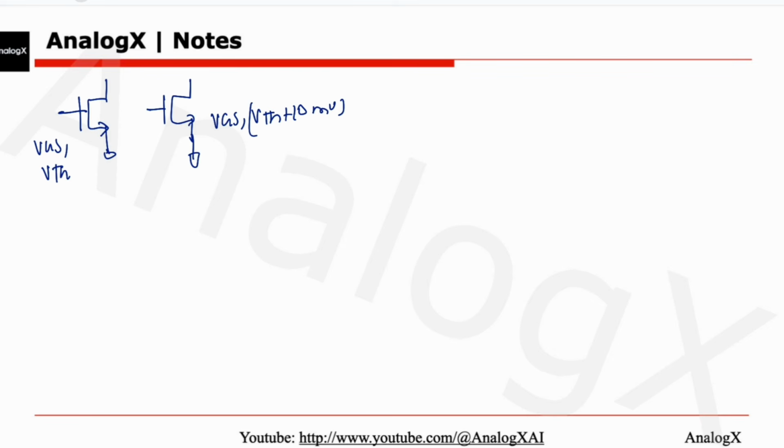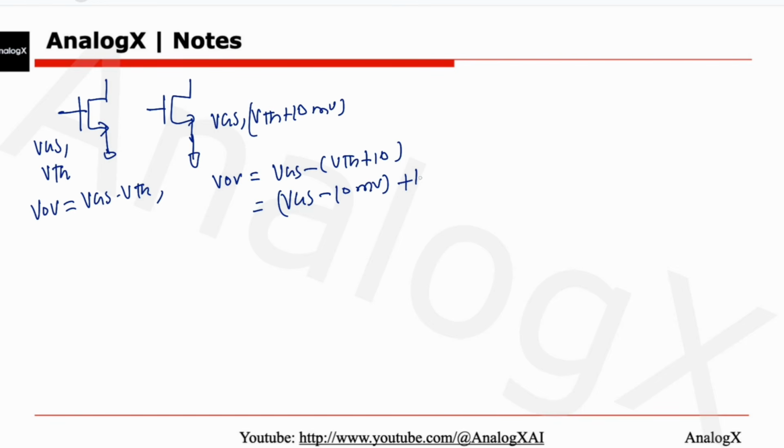So what will the V overdrive be here? V overdrive will be VGS minus VTH, and here V overdrive will be VGS minus VTH plus 10. I can also write this one as VGS minus 10 millivolt minus VTH.